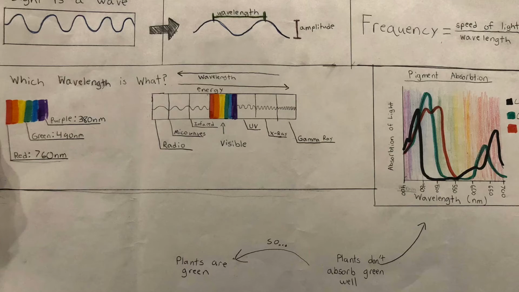And you can see B, which is the red, is carotene, and carotene gets a lot of blue and a lot of green, and gets nothing else. So, plants are green, so that means that plants don't absorb green well, which means they reflect that.